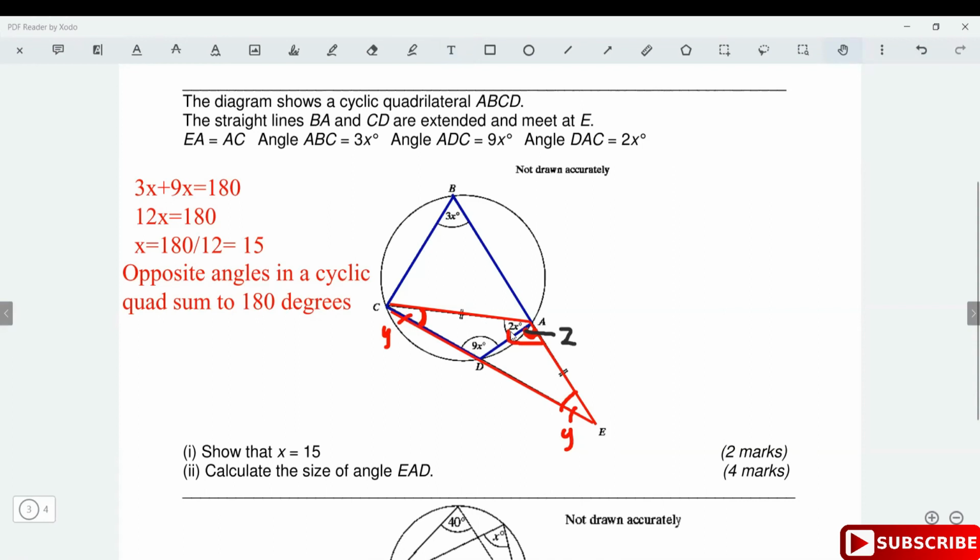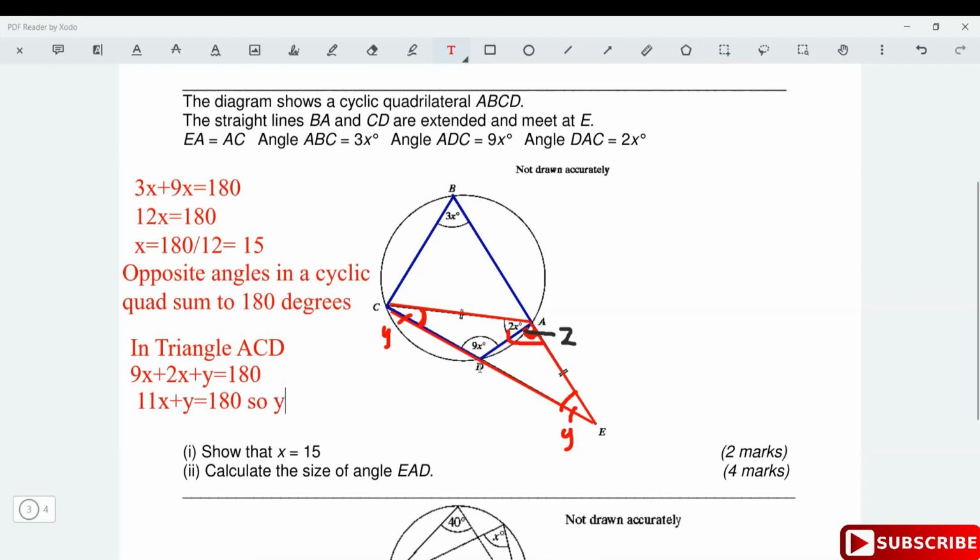You have 9x, 2x, and y. So what you'd say is, in triangle ACD, the 9x plus the 2x plus the y equals 180. So that means that 11x plus y equals 180, but we already know what x is.